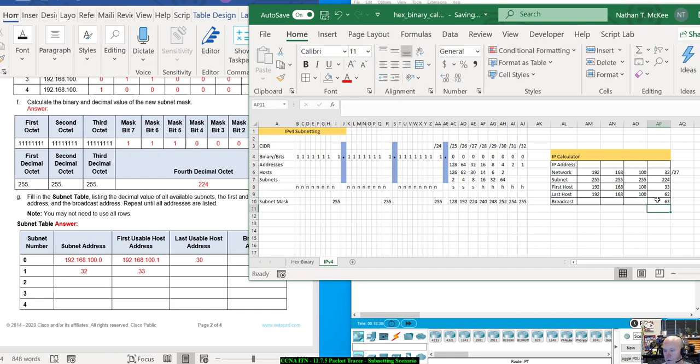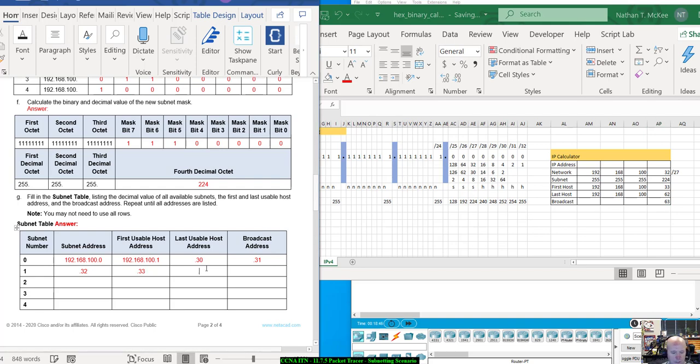I know broadcasts are odd, so that looks correct. So .62, .63. All right, .64 is the next one.